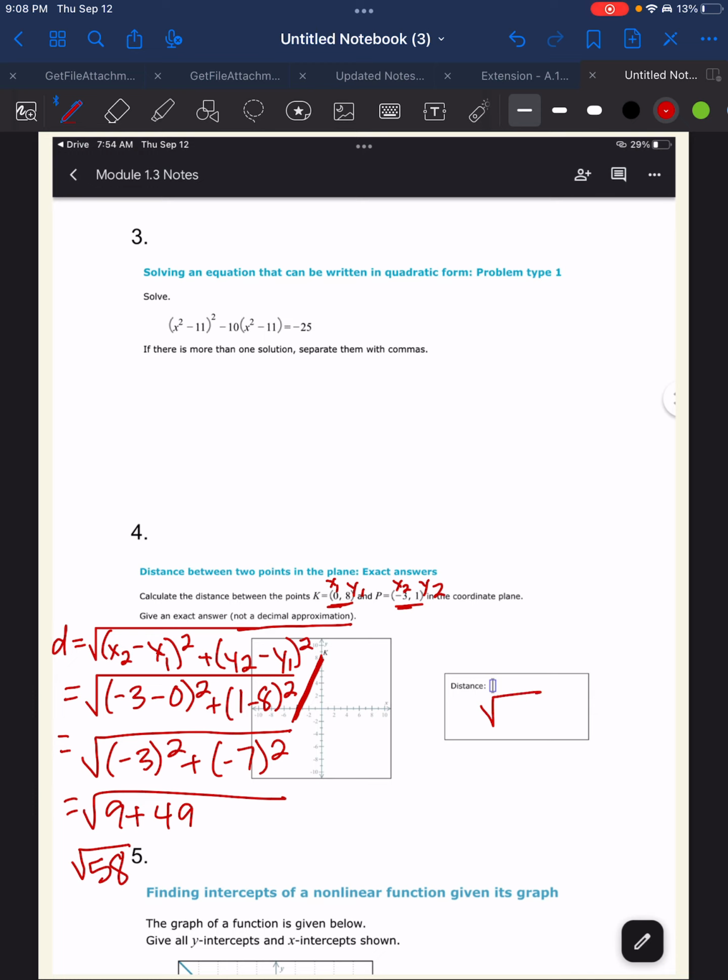Square root of 58. I think on your notes in class, I might have put 59, but 9 plus 49 is 58. So my apologies on that.